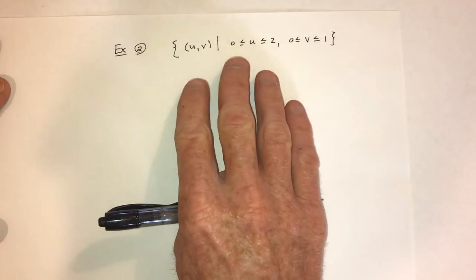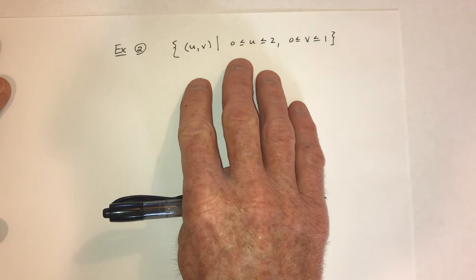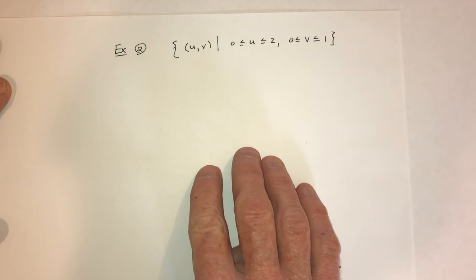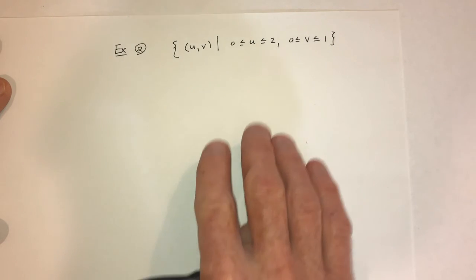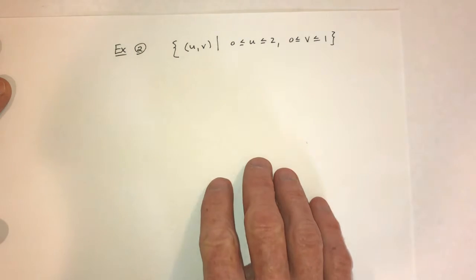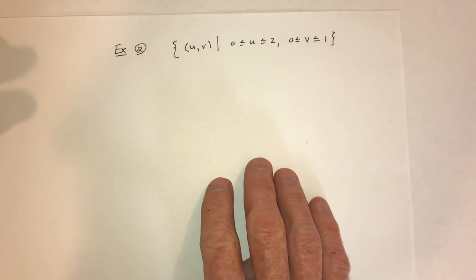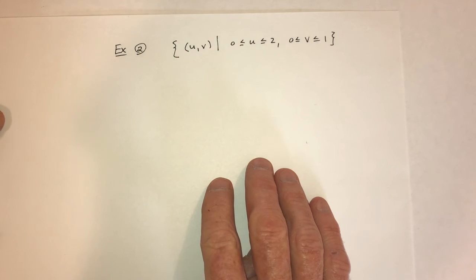Now this is a little bit backwards because you usually start with x and y and then you change it to u and v. But if it's a transformation, you should be able to transform back and forth between the two. Just like with integrating, we can integrate with respect to x and y, or we could change it to polar. And if you have polar, you could change it back to x and y.